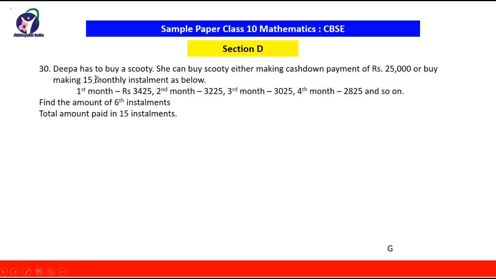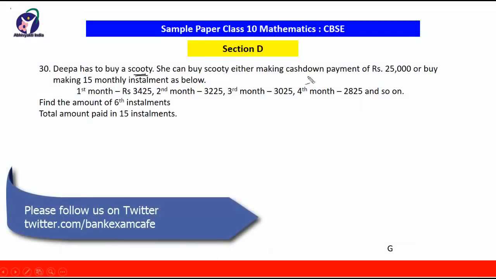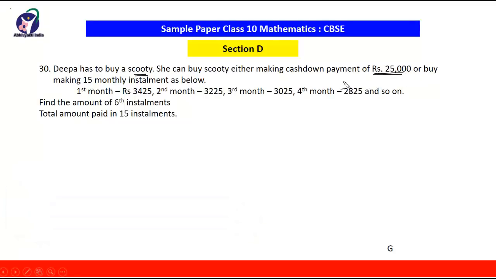Next question is, Deepa has to buy a scooty. She can buy the scooty either by making a cash down payment of rupees 25,000 or by making 15 monthly installments as below. The first month 3,425 rupees, second month 3,225 rupees, third month 3,025 rupees, fourth month 2,825, and so on till 15 installments.